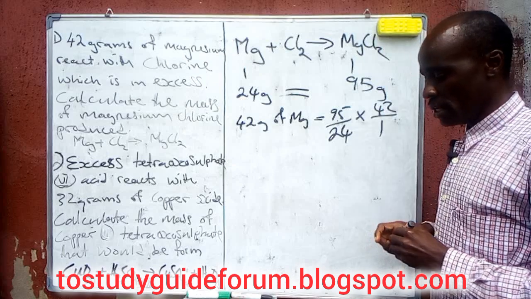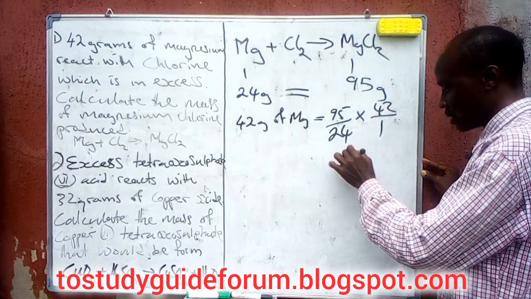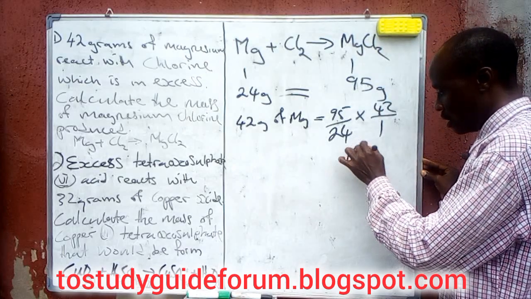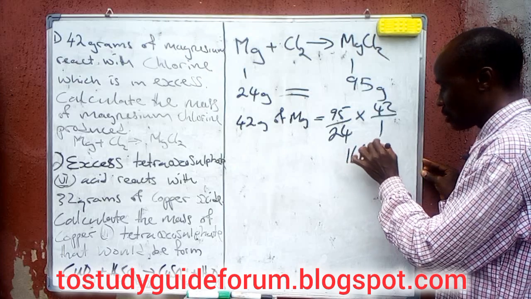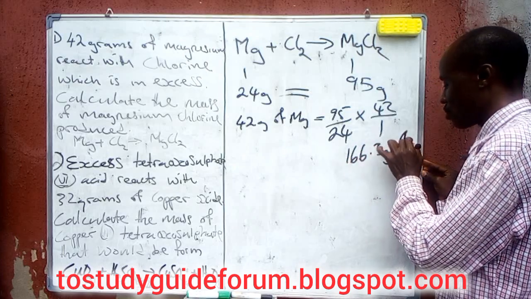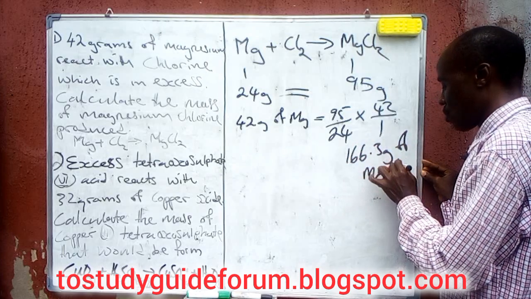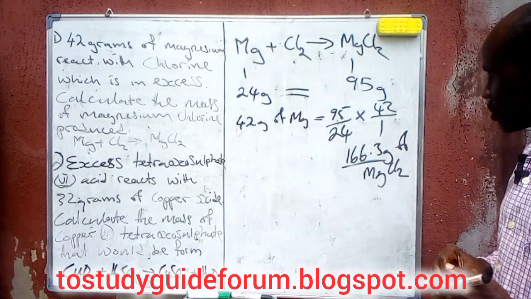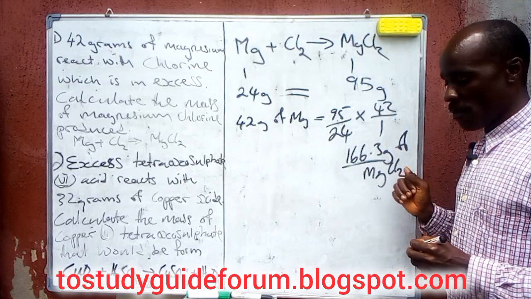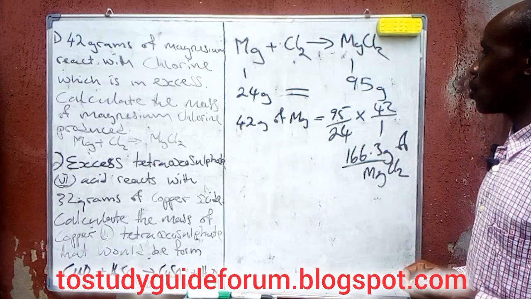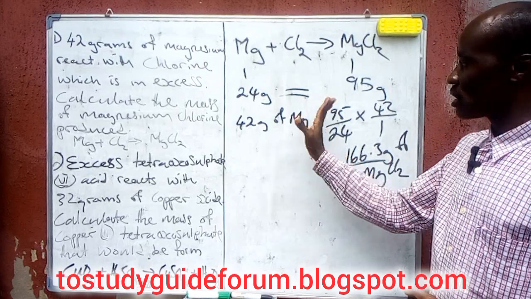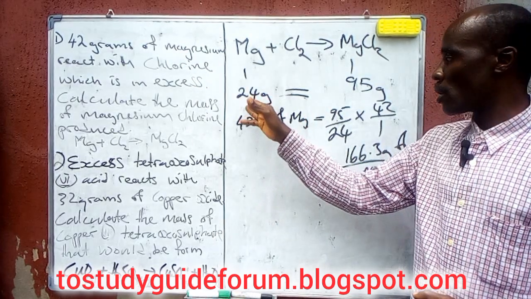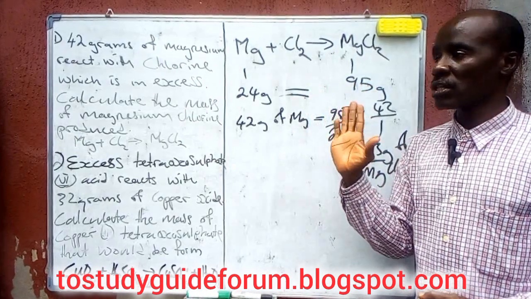By doing this, what we are likely to have is approximately 166.3 grams of magnesium chloride. So this is when we are solving from mass to mass, considering the masses.